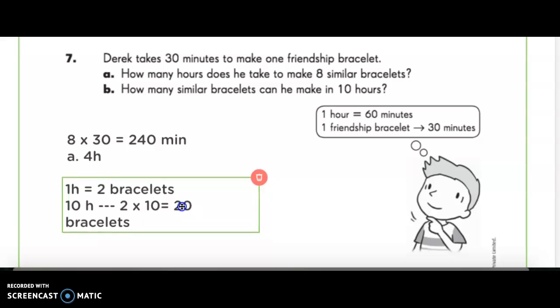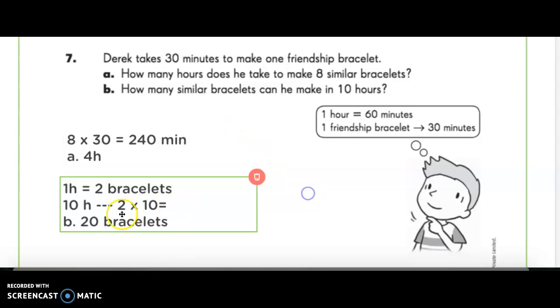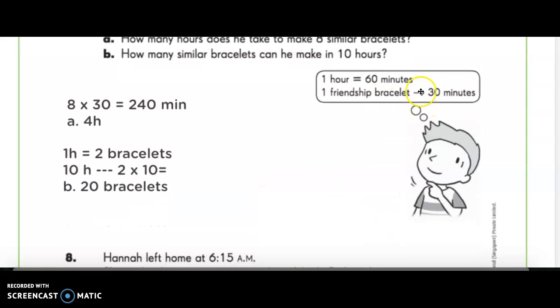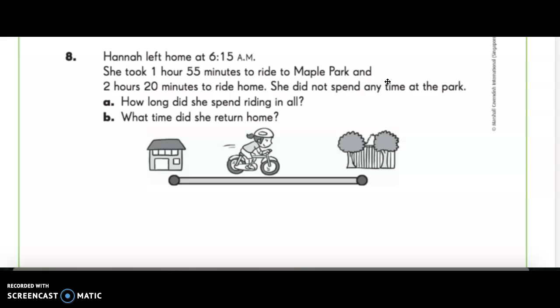Okay, so all we need to be thinking about for this one is that B gives us 20 bracelets because 1 hour, 2 bracelets. So think of how to break that down, and they also give you a little hint over there. So for number 8, Hannah left home at 6:15 a.m. She took 1 hour, 55 minutes to ride to Maple Park and 2 hours, 20 minutes to ride home.